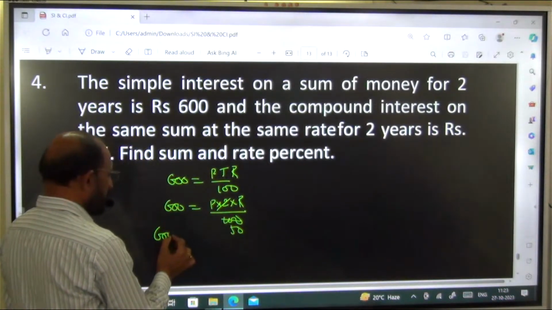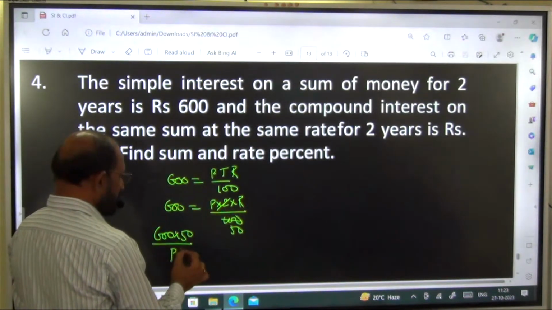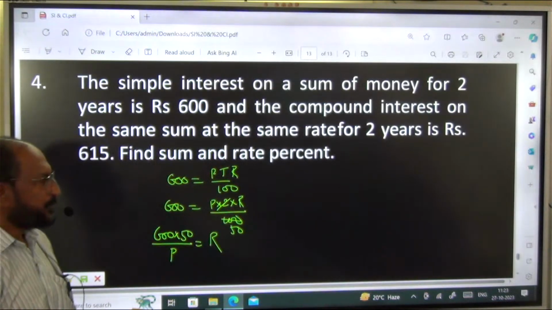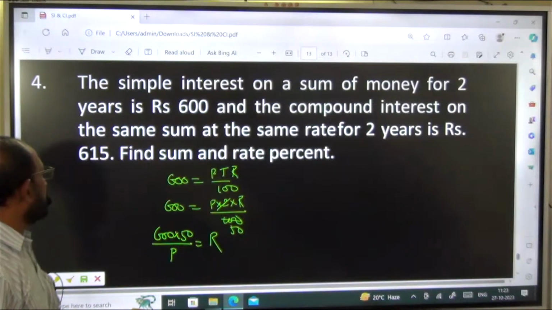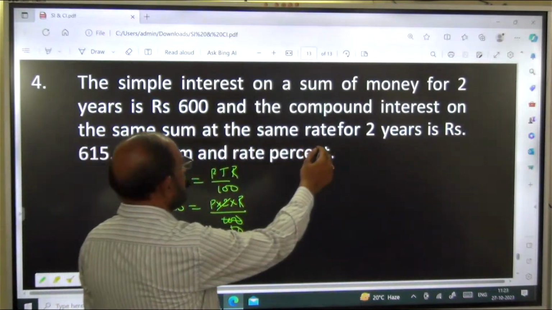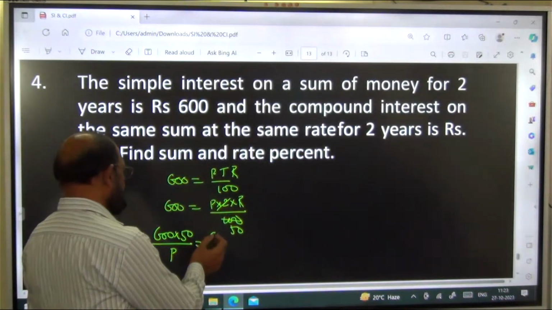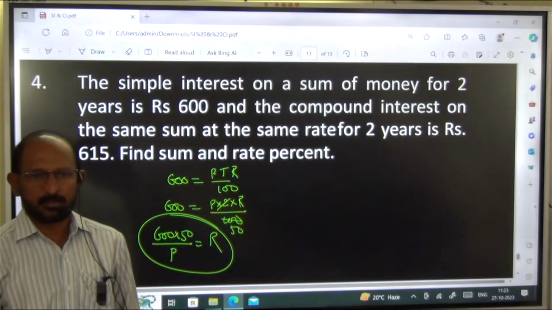So 600 into 50 by principal is equal to rate of interest. This rate of interest is the same rate, same sum and same rate for 2 years. P, principal, we don't know.